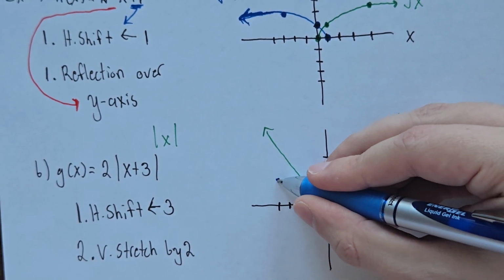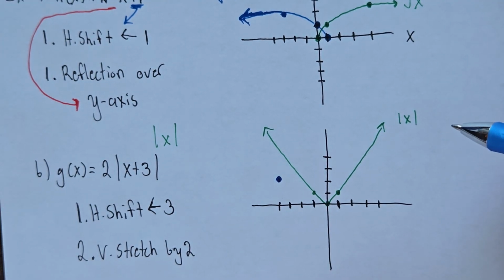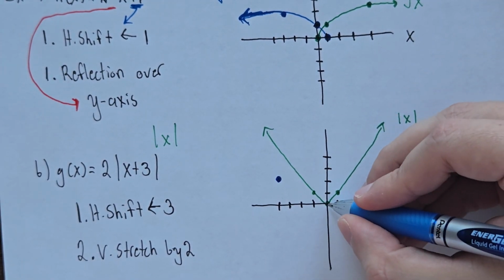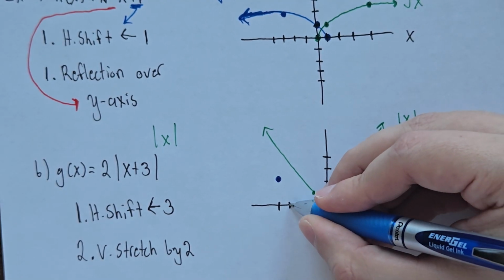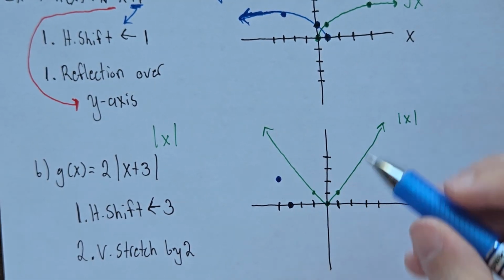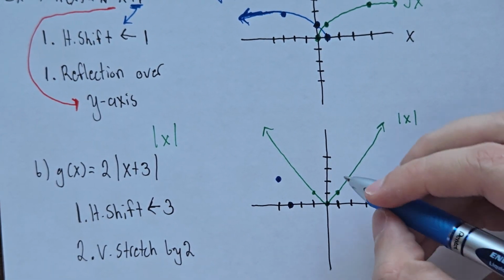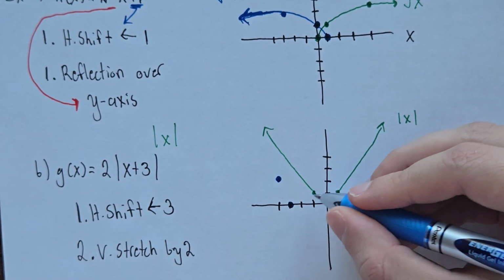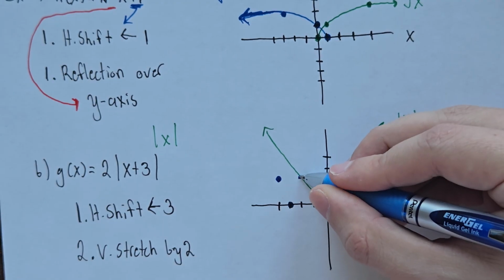So this point is getting moved over 3 horizontally, and then the y value is getting stretched by a factor of 2. I can do the same thing with the origin point, move it over 1, 2, 3, and then since the y value here is 0, whenever I multiply 0 by 2, it's still just going to be 0. And then finally, I can do the same thing with this last point, move it over 1, 2, 3, and then up right here.